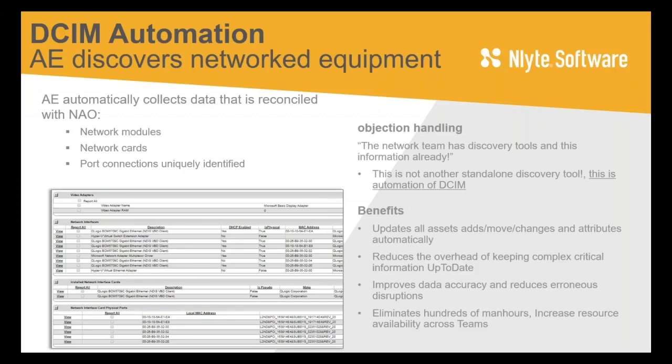It's going to match that. It's going to look through. It's going to find the mapping of those ports. It's going to identify the relationship between the module's port all the way through to the card's port. So that's an example. So if I've got a network module, it now knows this network module has these ports, and these ports are connected to these ports on these servers. That's just one example.